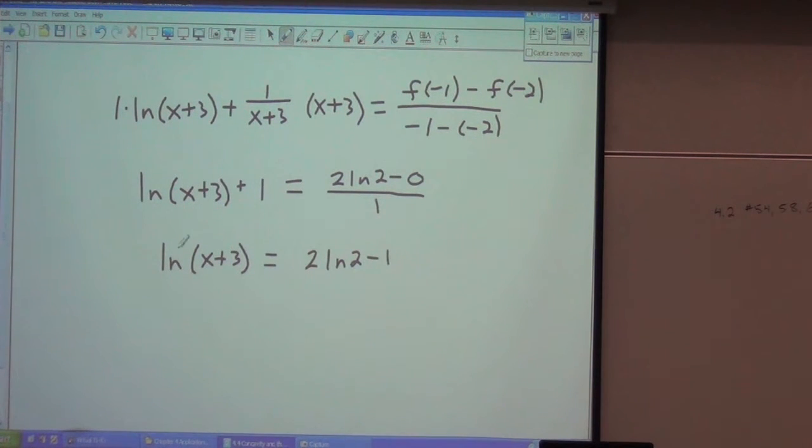So then you just say the natural log of x plus 3 equals 2 natural log of 2. And from this, we can say this natural log really means log base e. So we could say x plus 3 equals e raised to this.